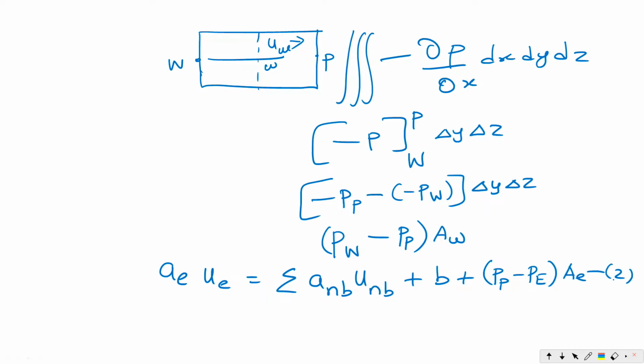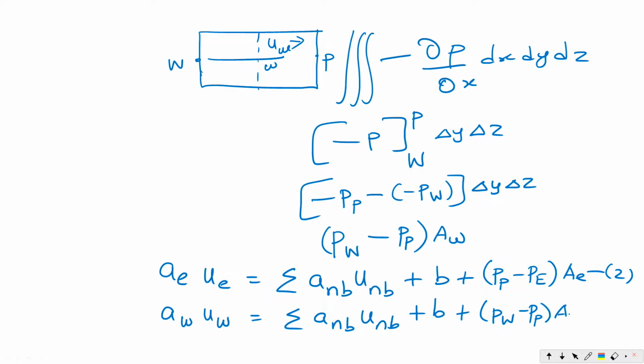This is when you apply it to the E control volume. When I apply it to the W control volume on the western side, AW UW will be equal to sigma of ANB UNB, the corresponding neighboring nodes, plus B, the source term, plus PW minus PP of AW.